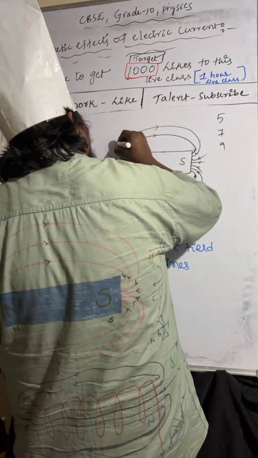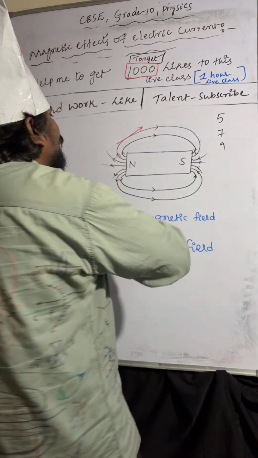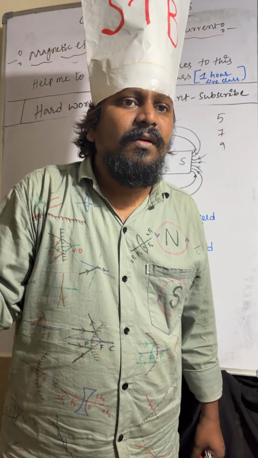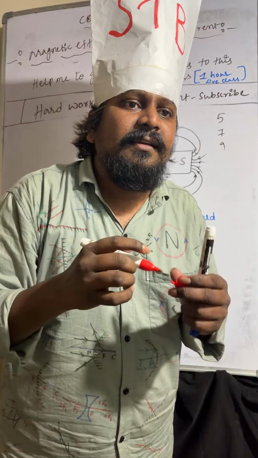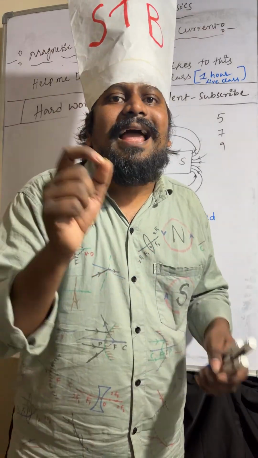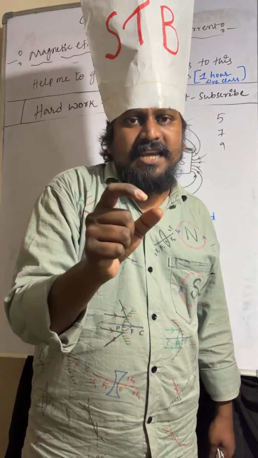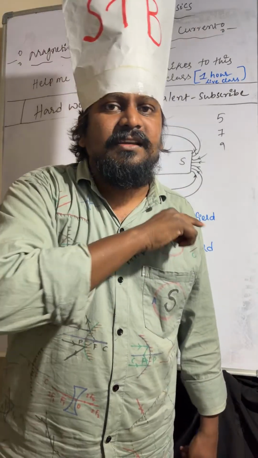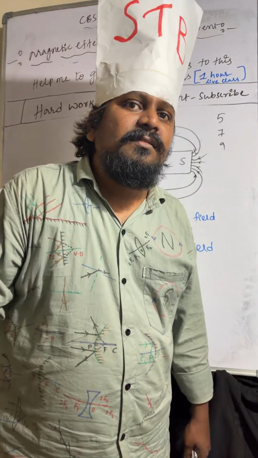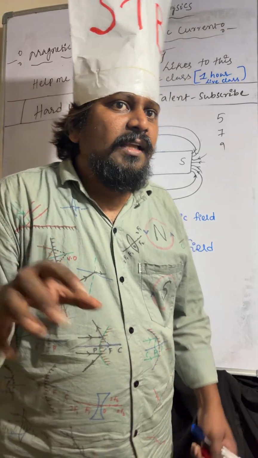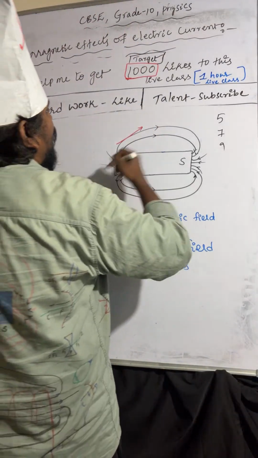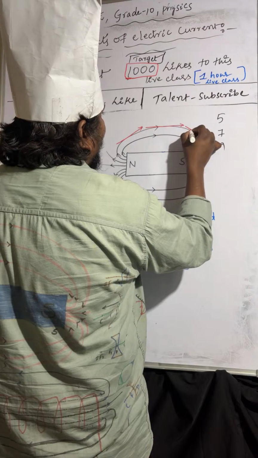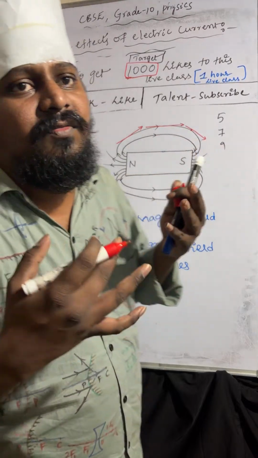A tangent is a line that touches the circle or curve at one point. So if you draw the tangent at that point, we can identify the magnetic field direction.